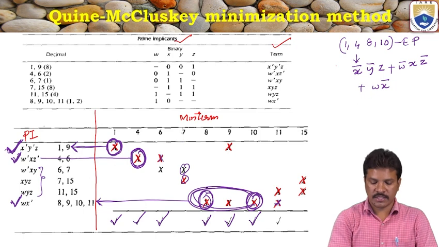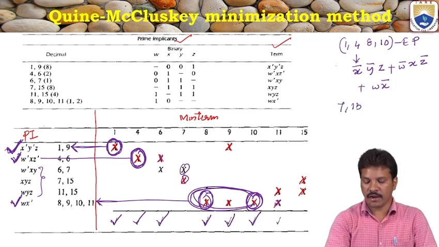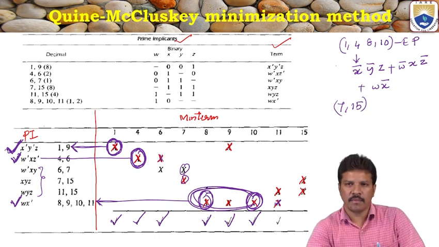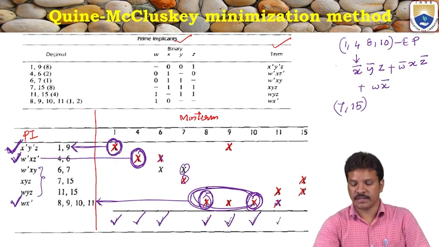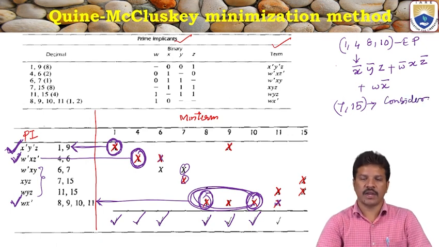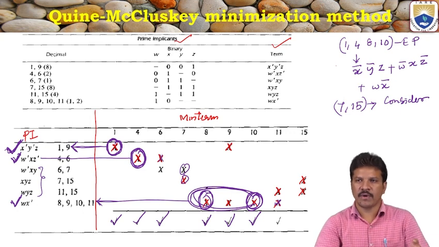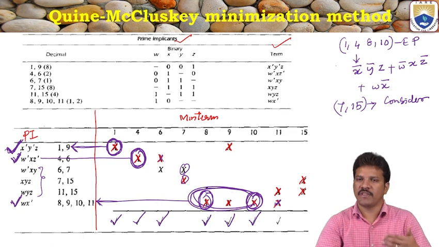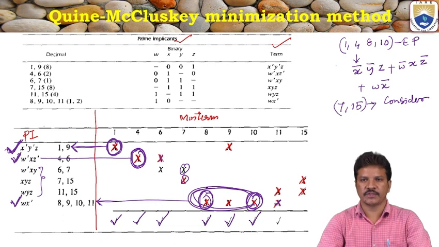But here the 7 and 15 columns are not marked. They do not belong to any of those 3 prime implicants, so they must also be considered. How? By taking one or more prime implicants. If 7 and 15 are covered by a common prime implicant, then consider only one prime implicant. If they are covered by different prime implicants, we consider 2 separate prime implicants.